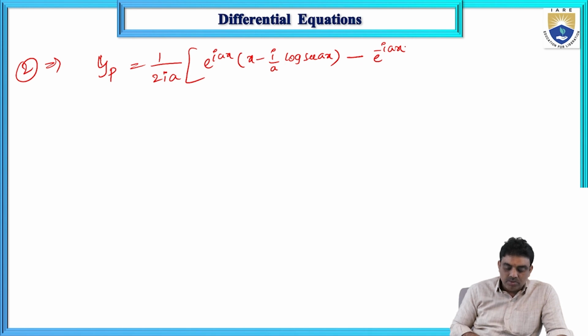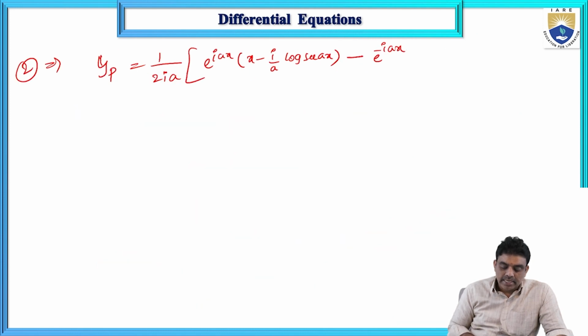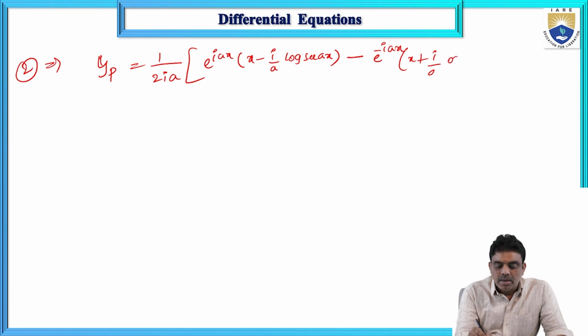What is the second value? e power minus iax into x plus i by a log of secant ax.